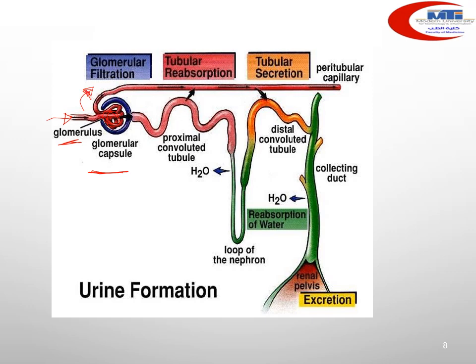Most of the fluid in the blood is filtrated into the tubules, and it passes through the proximal tubule, the loop of Henle and then the distal tubule. All through this area you have renal reabsorption, and also some secretion. Then urine is formed and concentrated in the collecting tubules.